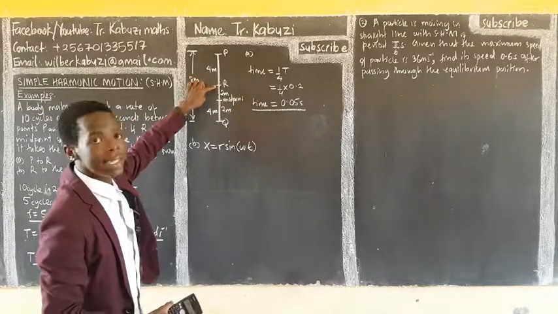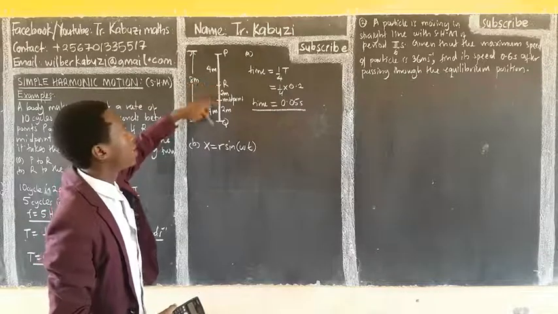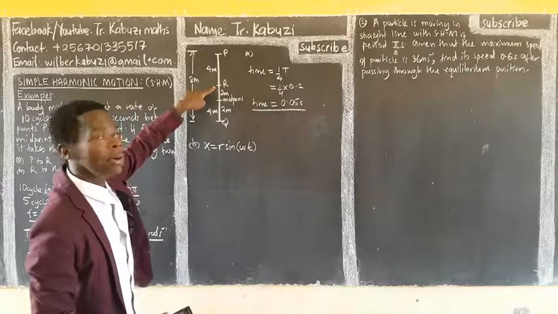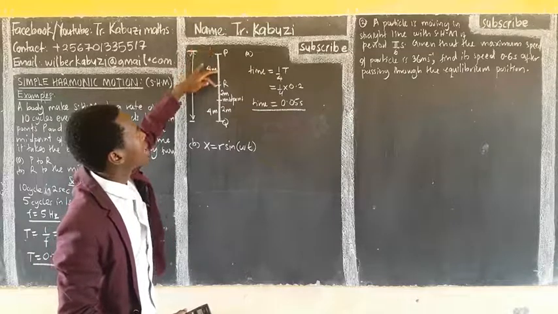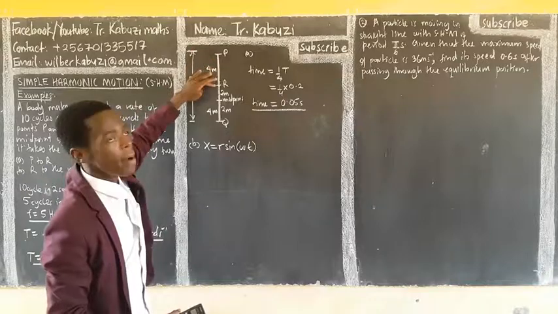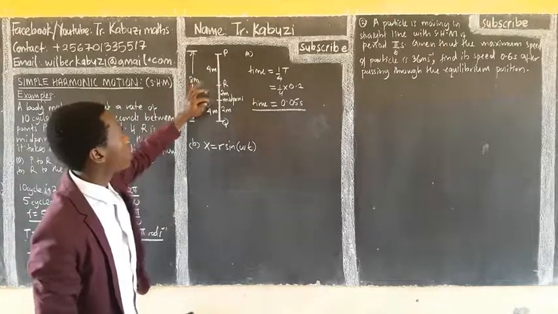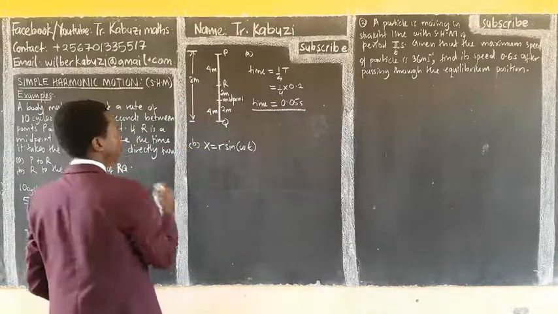It means that when it is 0, the distance covered is 0, the amplitude covered is going to be 0. That's why we use those initial conditions. But if you are from here, you use cos, because cos works if the amplitude has been measured from here up to when you have the amplitude. But sine works if you are from the center. That's why I'm using mine in that case.